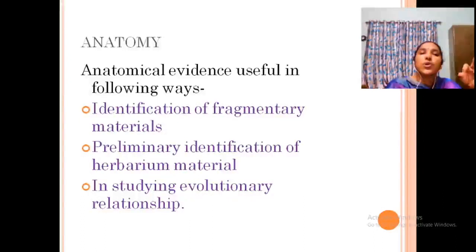Now, we move on to the second important evidence, that is anatomy. Anatomical evidence is useful in different ways: in identification of fragmentary materials, in preliminary identification of herbarium material, in studying evolutionary relationships etc. If you get a part of a plant, a stem part, you can cut it and section it.